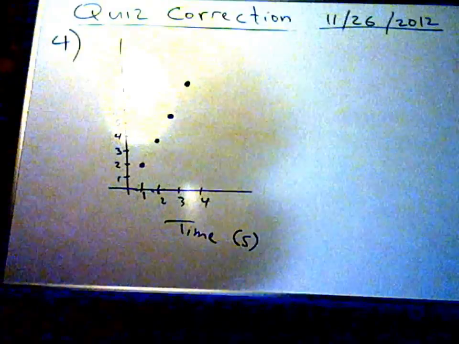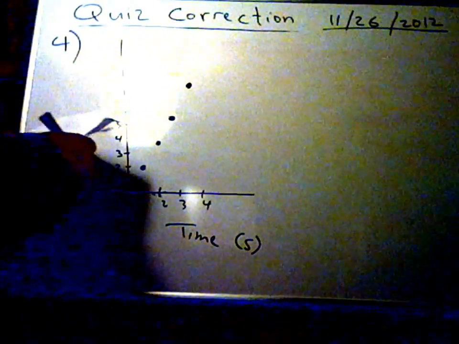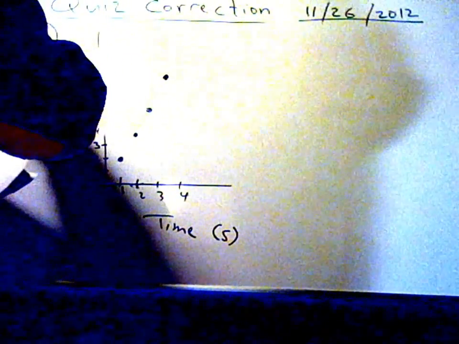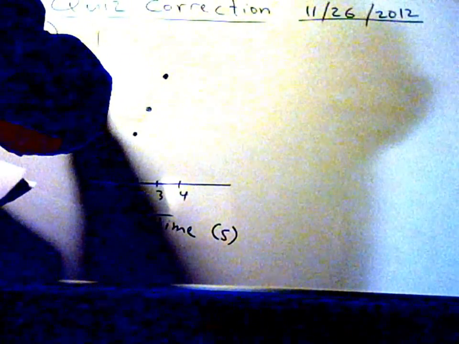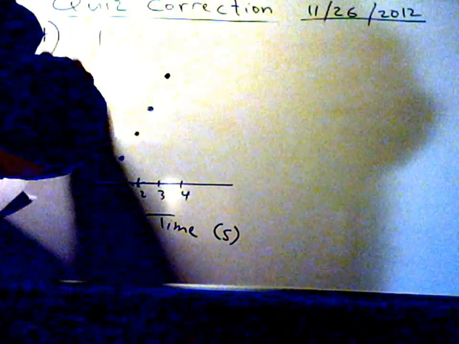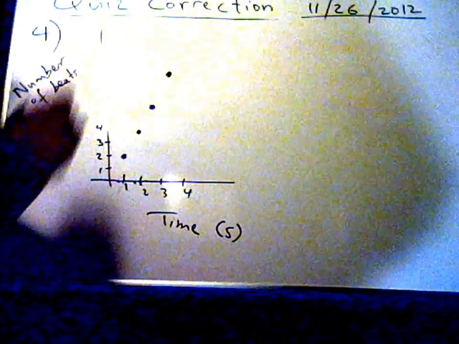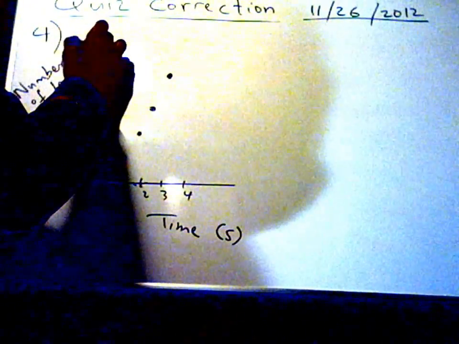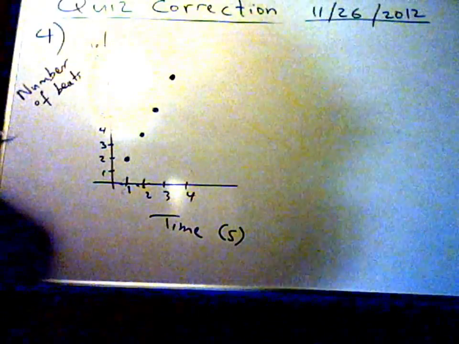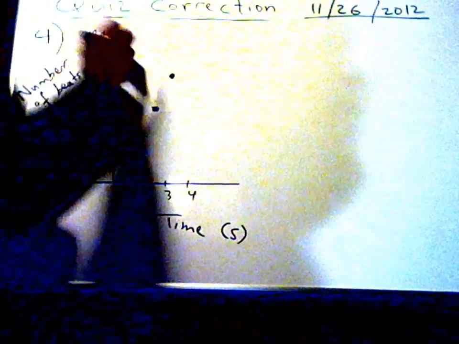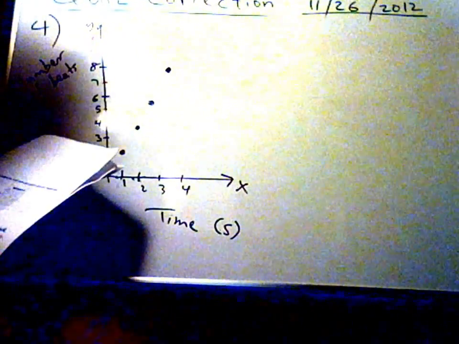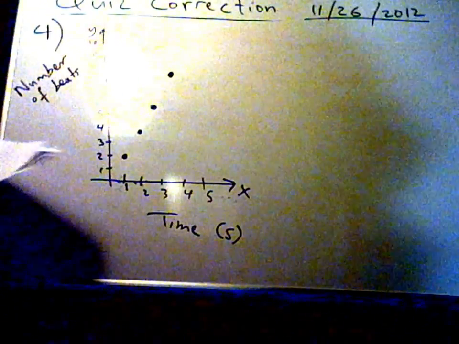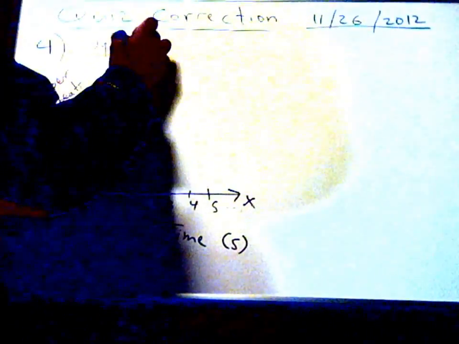So you're told that this is a number of beats. Here we're talking about number of beats. Continue up. So y-axis, x-axis, 5, etc. And you're given heartbeat of a cat.